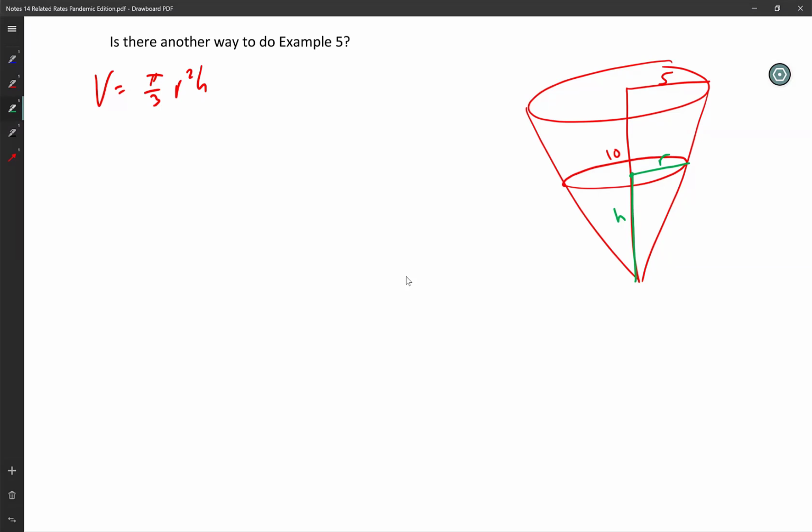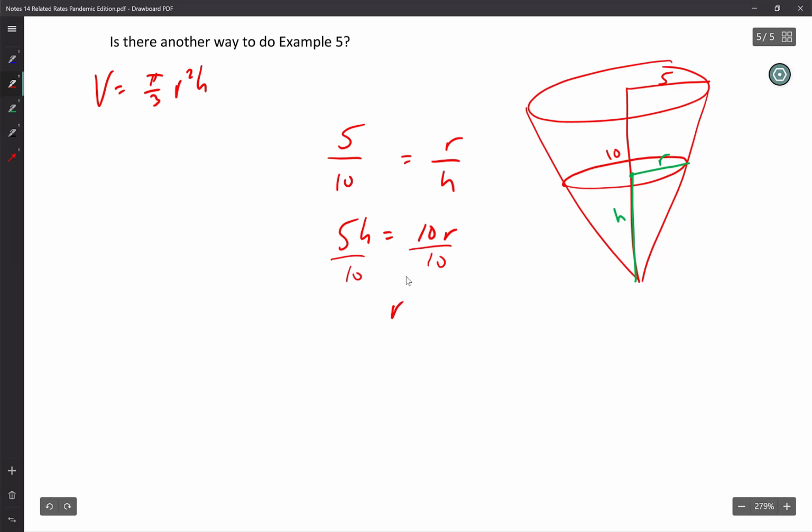So we could have said, the same trick as last time, 5 is to r as 10 is to h. Are we okay so far? And then we could have said 5h equals 10r. And what did I say I wanted to do? I wanted to replace the r. So divide by 10, divide by 10. So r is 1/2 of h. And put that in for there.